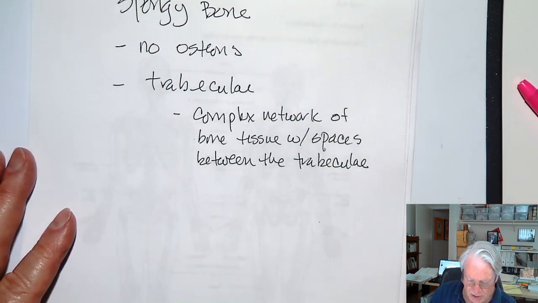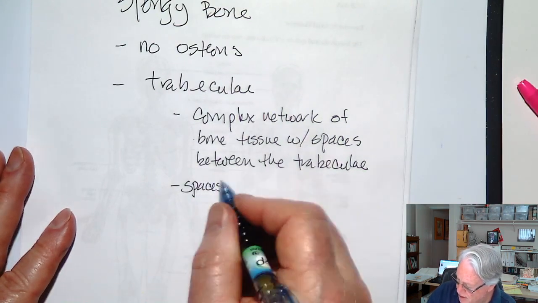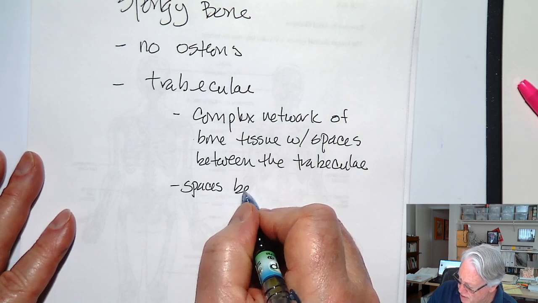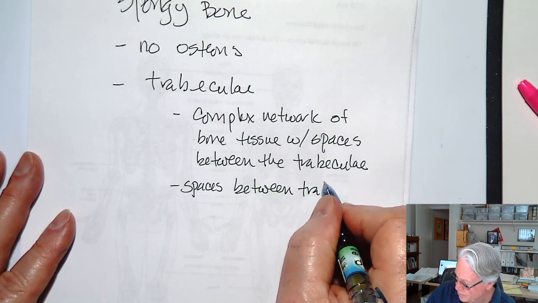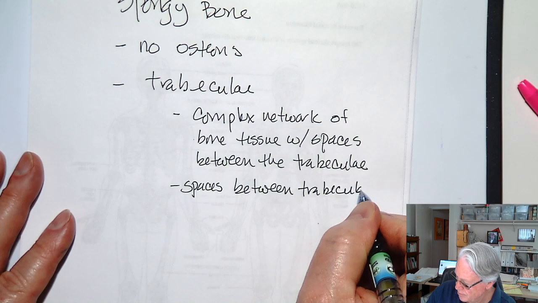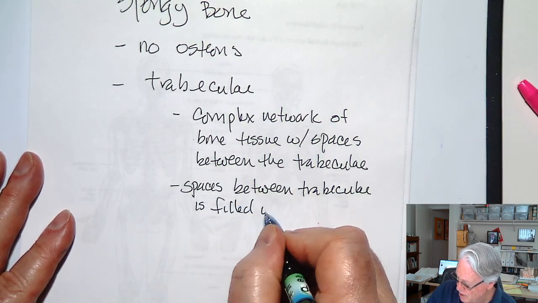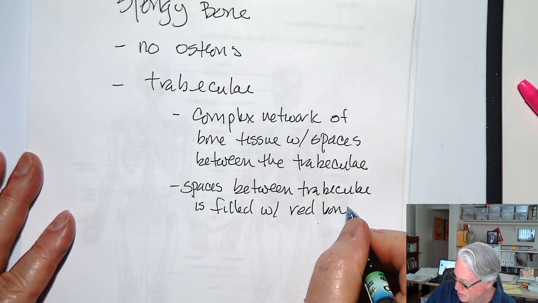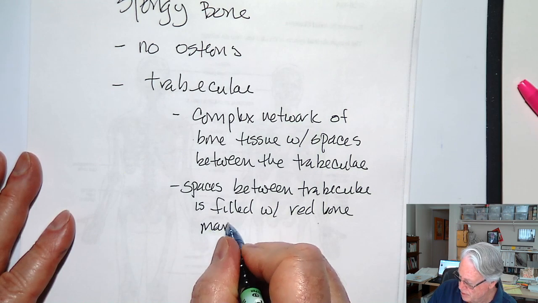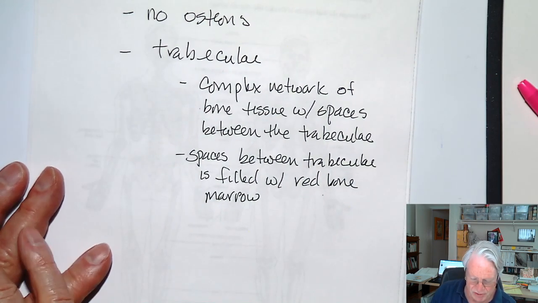Okay. The spaces between trabeculae is filled with red bone marrow. So all that space that we saw in those last few images filled with red bone marrow.